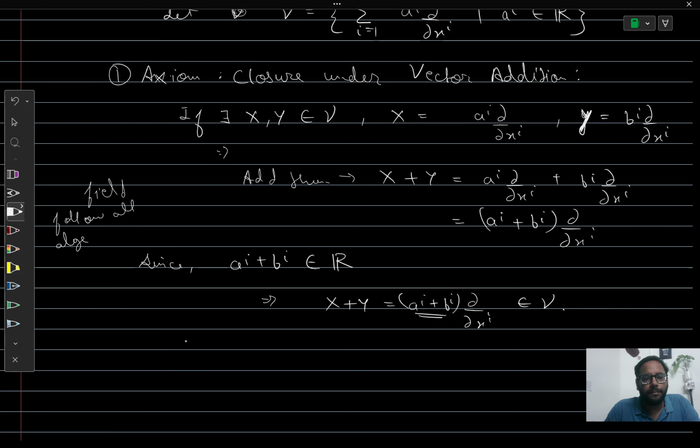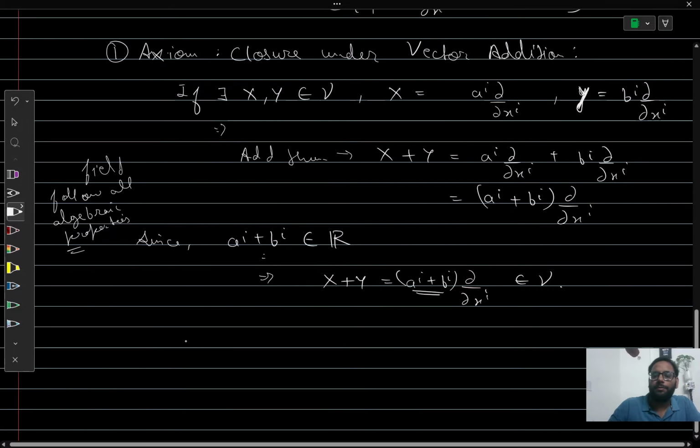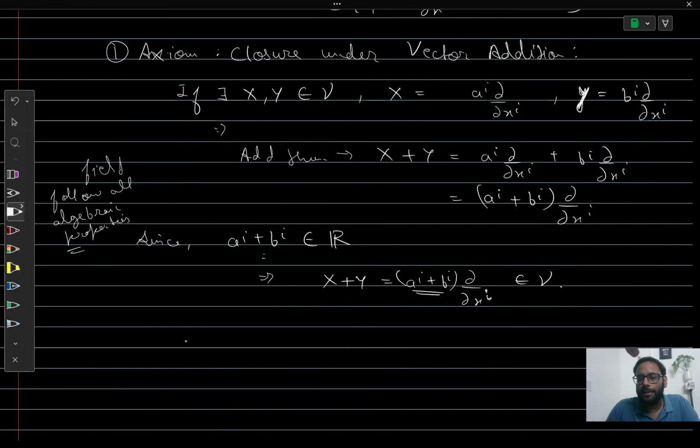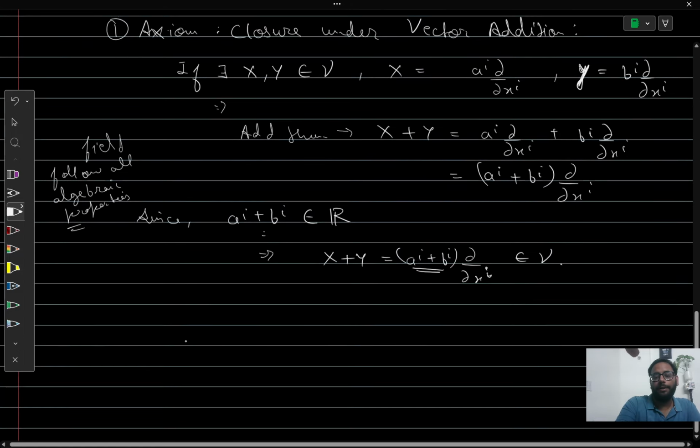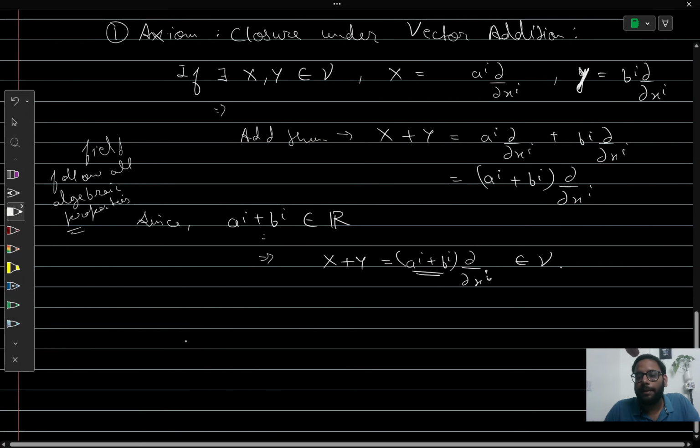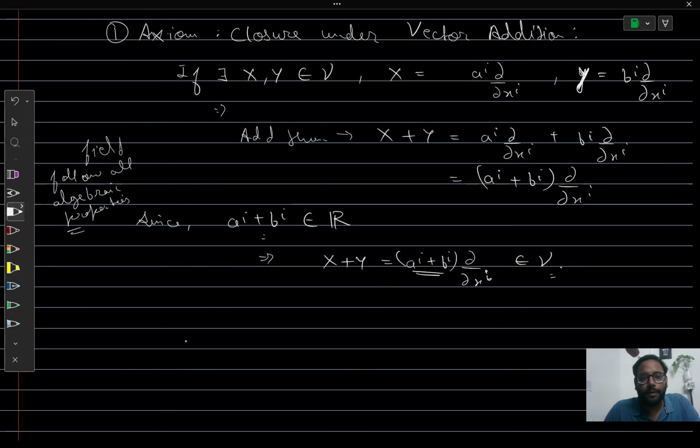This is again a real scalar multiplied by the partial derivative operator, so it is inside this vector space. It is closed under vector addition.